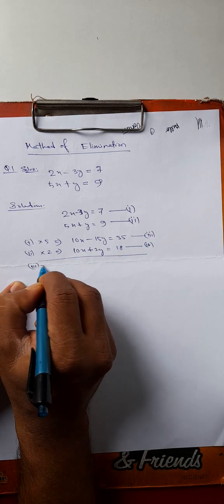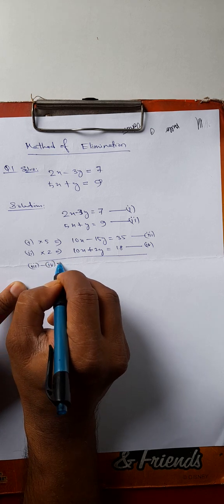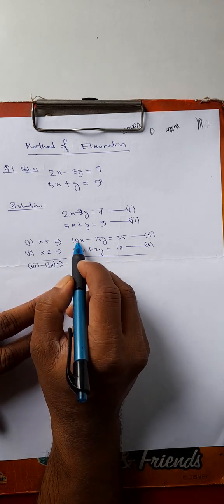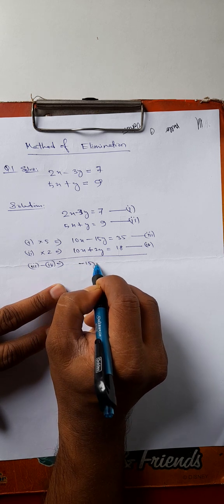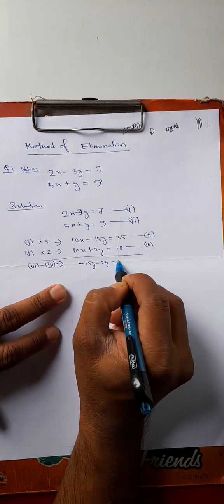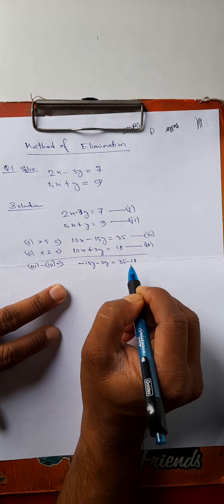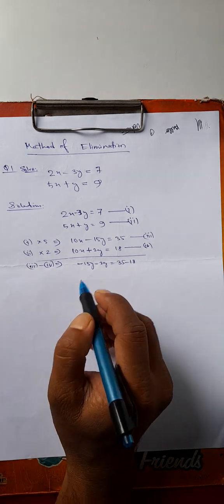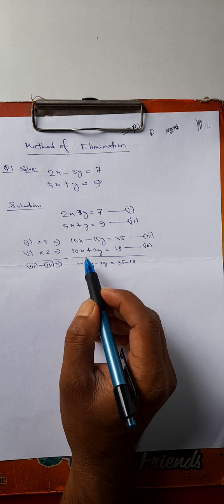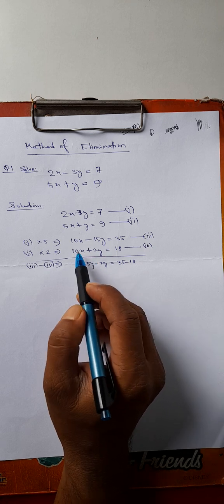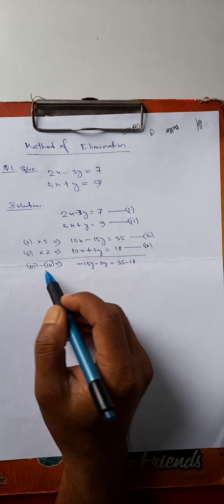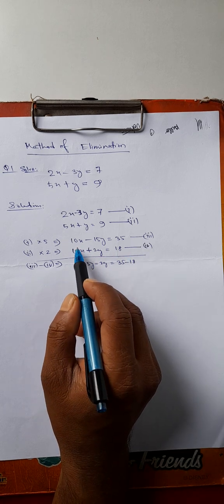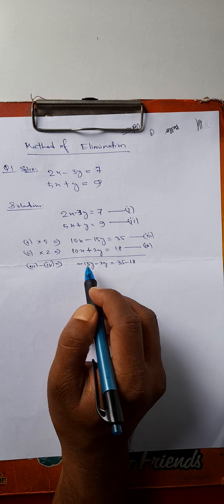equation 3 minus equation 4, what will we get? This 10x and 10x cancel each other. So we will get minus 15y minus 2y equal to 35 minus 18. On subtracting equation 4 from equation 3, you see the variable x is eliminated.